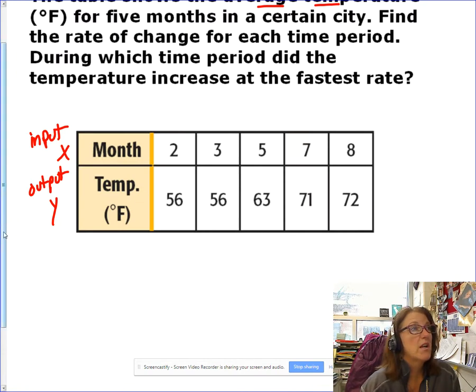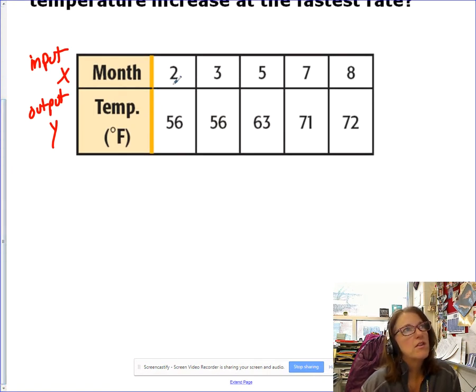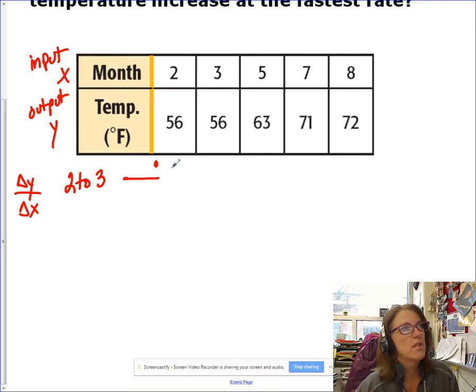When we're talking about how it changed during which time period, we have to look at a starting and an ending point. So the first interval I'm going to look at is from month 2 to month 3. I'm going to take this fraction, which is the change in the Y value, that's temperature, over the change in the X value, that's months. Sometimes it's helpful, if you have labels, to put labels in there.